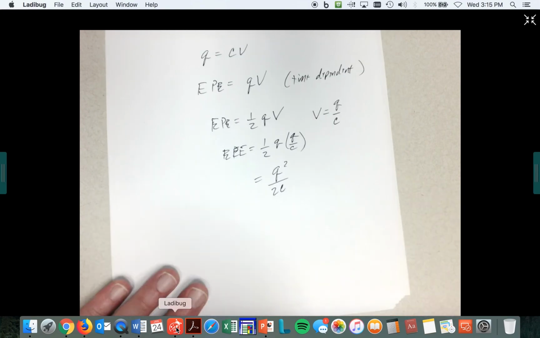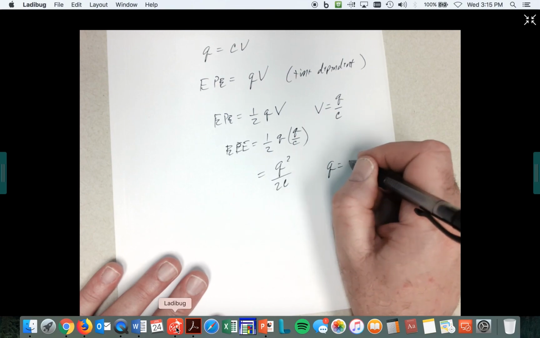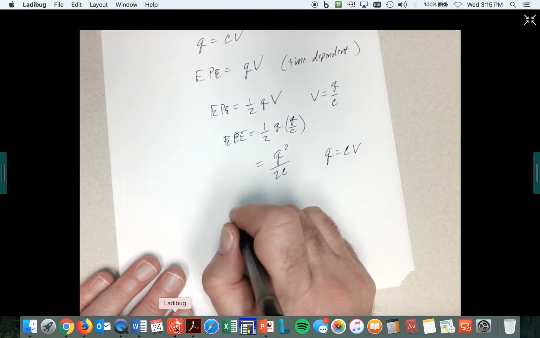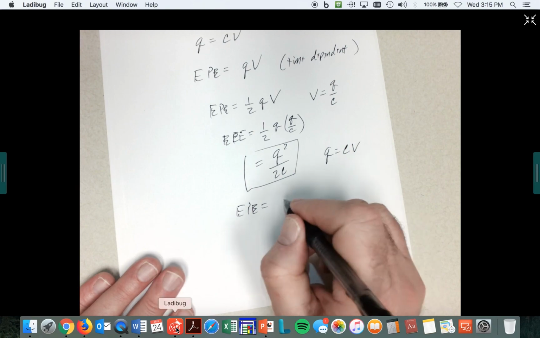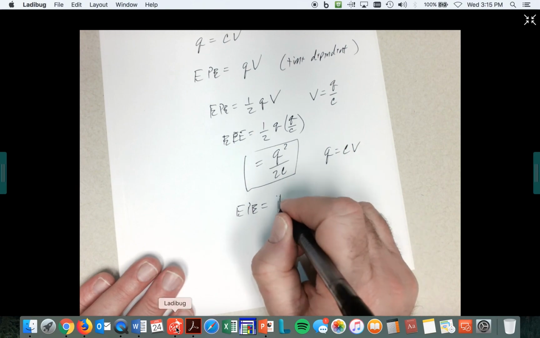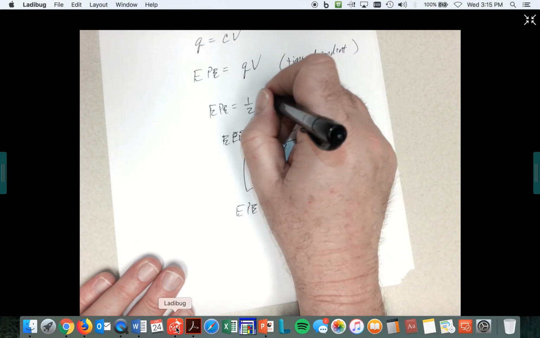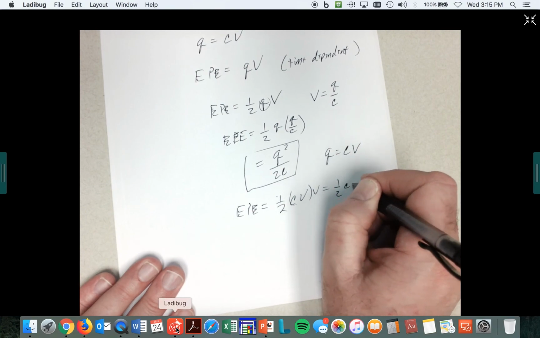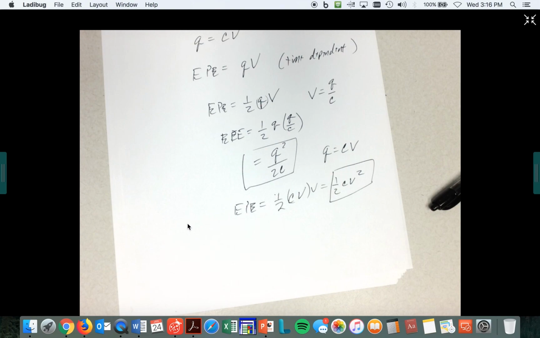That's one. And if we also know that Q is equal to C times V, then this is one formula for the energy, and the other one is 1/2 CV, because I'm taking this Q, plugging it in there, times V, which is 1/2 CV squared. There we go. That one was still a little choppy, too much derivation, too late in the day.